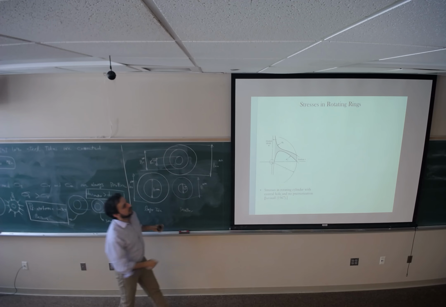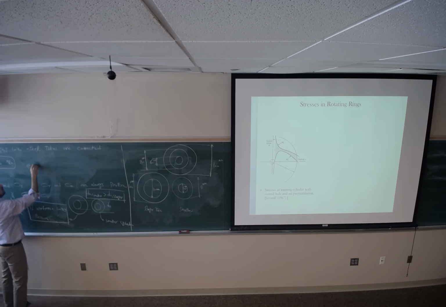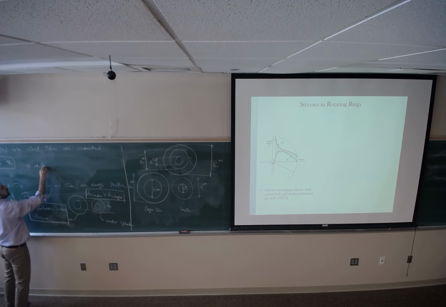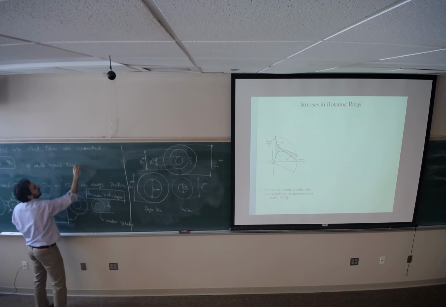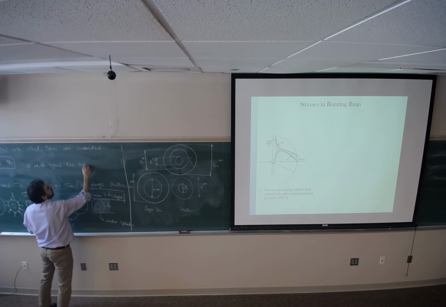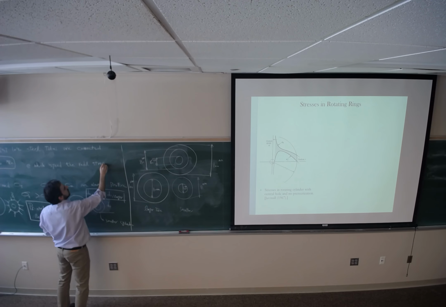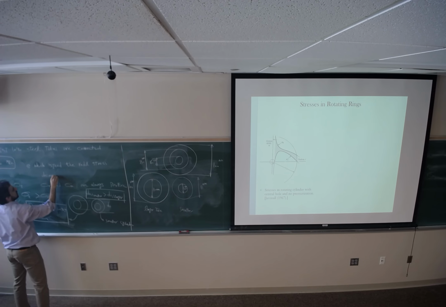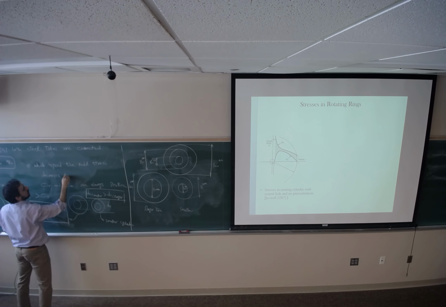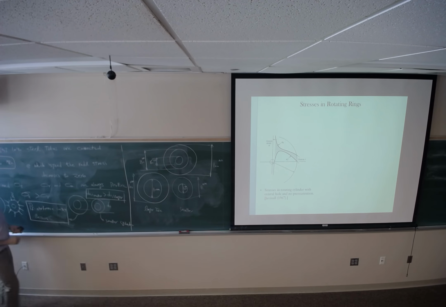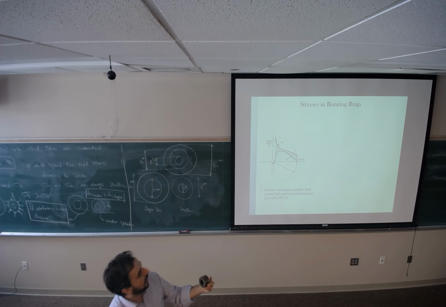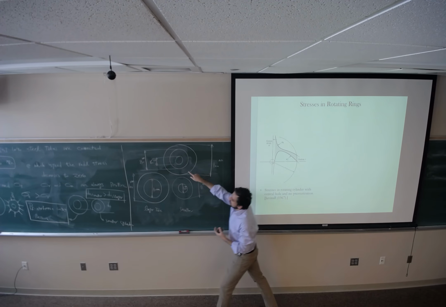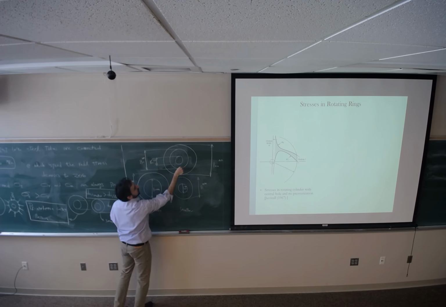The question is, at which speed does the radial stress increase to 0? It's going to start rotating. At which speed is the magnitude of the radial stress here going to be 0?